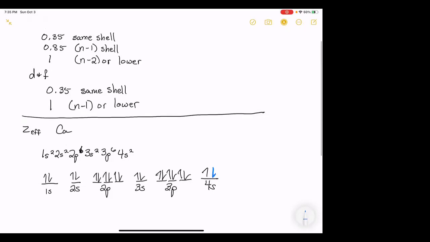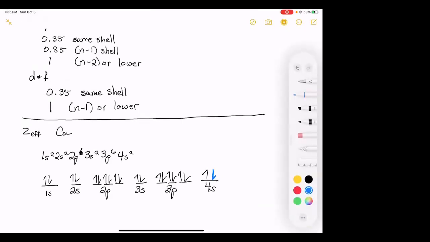Now, what we're looking at is the shell. Our shell for our electron is equal to 4, because that is the number that we see. So that's the shell of our electron. Now, what that means is, again, we're going to go up here.